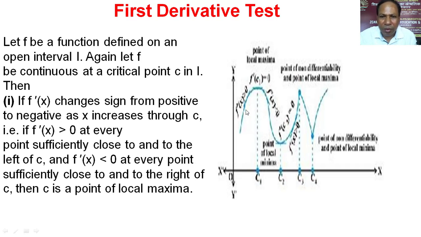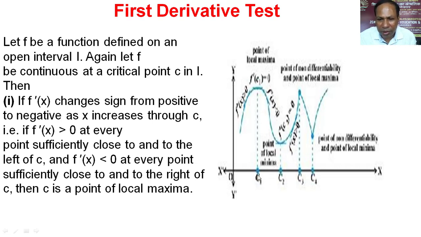That means we are given the function, we find the derivative of the function, equate it to 0 and we get the critical points like c1, c2, c3, c4 etc. These are the critical points because at c1, c2, c3 and c4 the tangent is parallel to the x-axis. That means the slope of the tangent is 0, that means the derivative of the function vanishes.